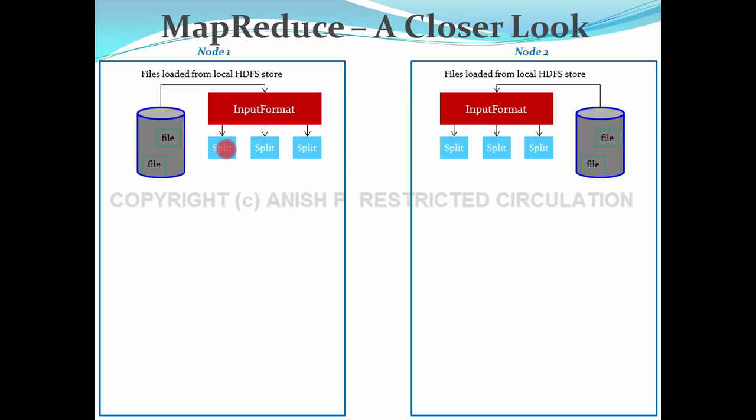So guys, InputSplit defines the basic unit of work that comprises a single map task. Initially in the MapReduce session I told you that a block is given as an input, but now I am updating my terminology. A split is given as an input to a mapper. One mapper processes one split at a time.